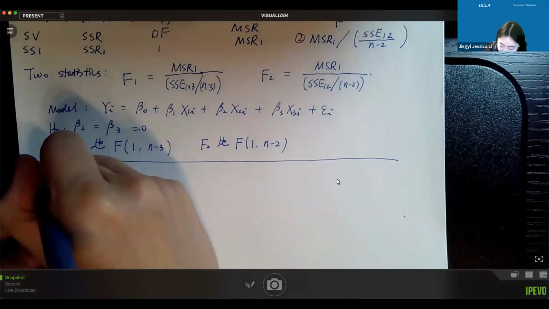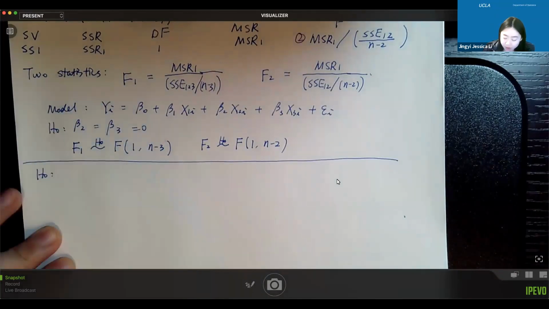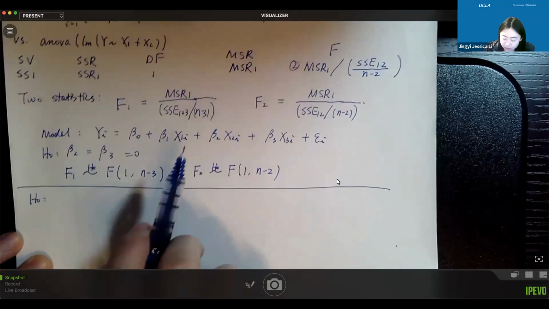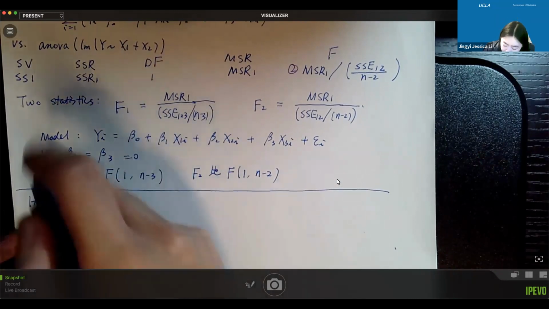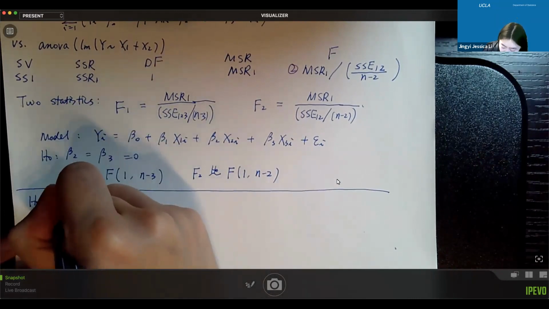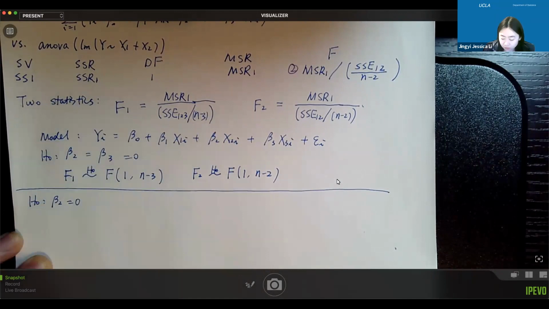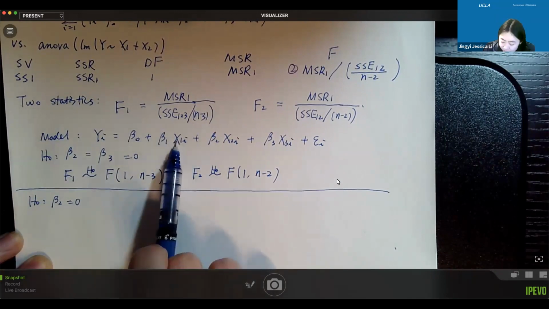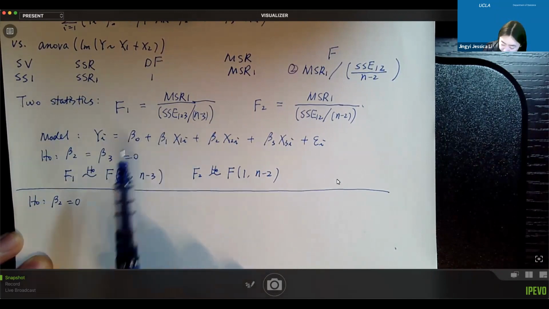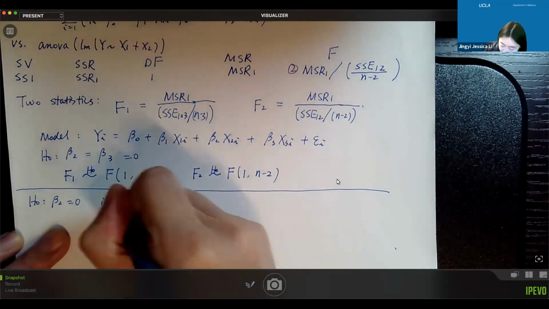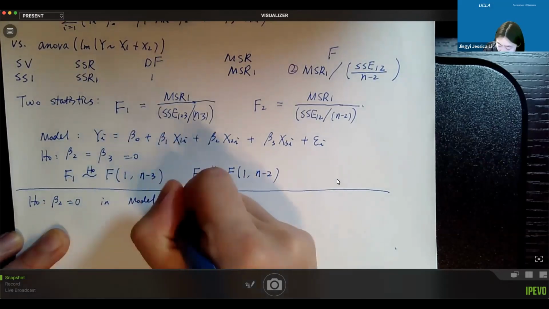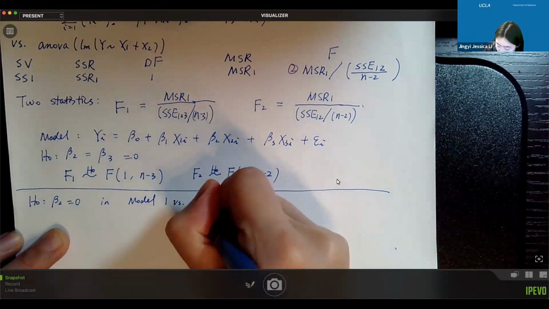So what I'm saying is that if you're interested in the null hypothesis in this true model, whether beta 2 is equal to 0, you're trying to compare model 1 versus model 2.